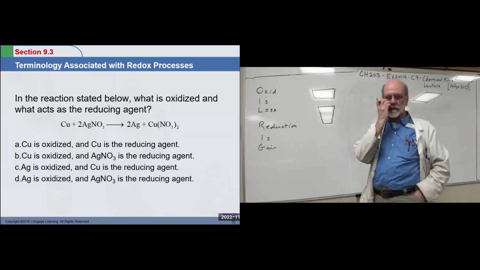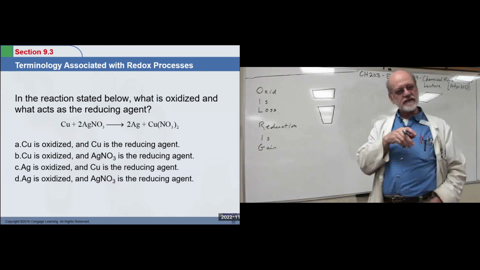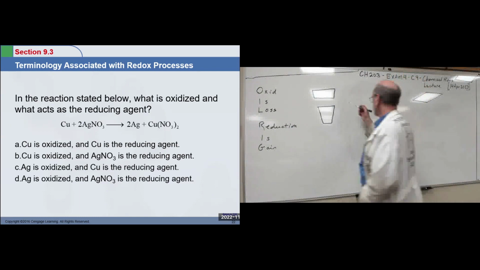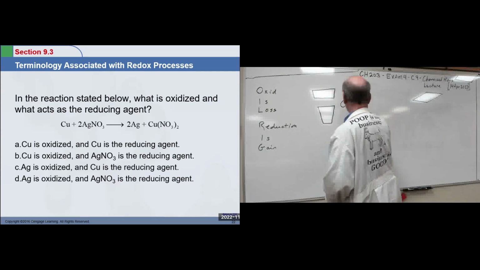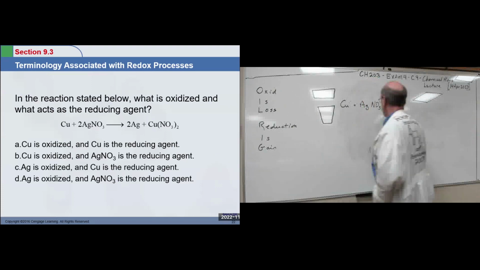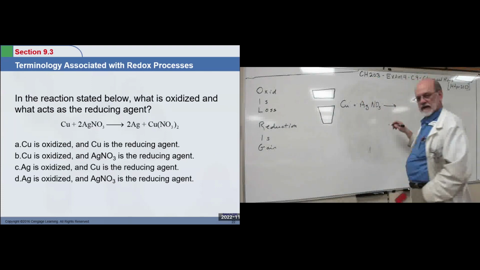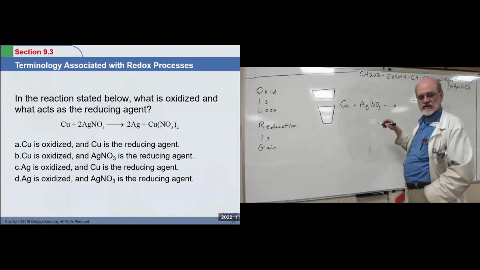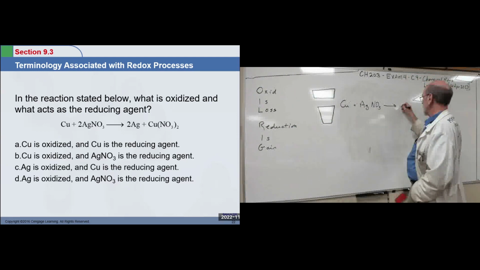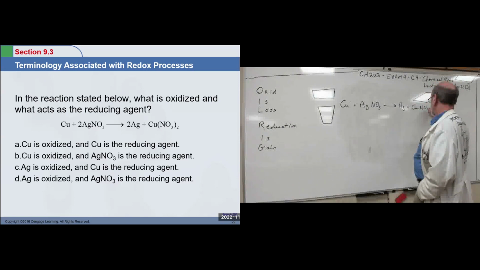So in this reaction, what is oxidized and what acts as the reducing agent? So let's see, copper plus silver nitrate yields, and this is a single replacement reaction. Copper replaces silver. So we have silver here plus copper nitrate.